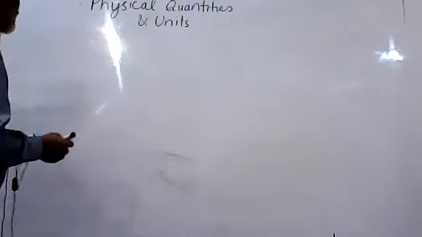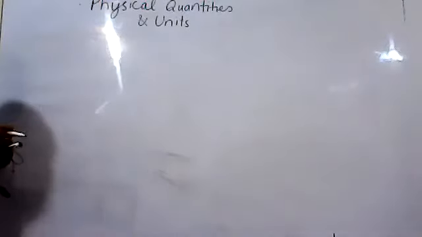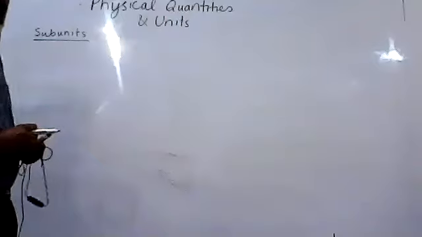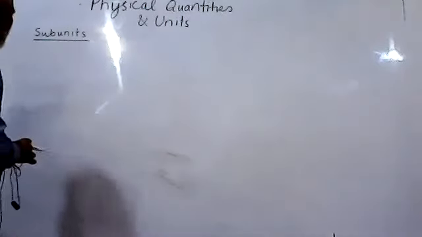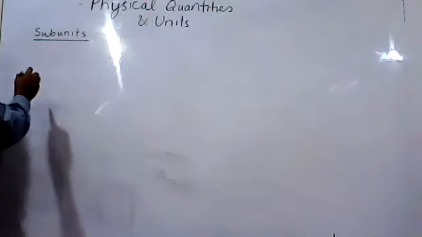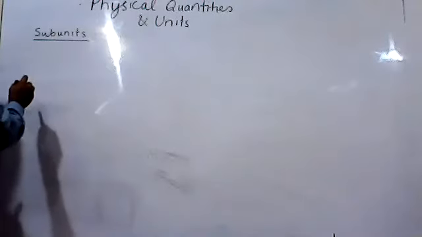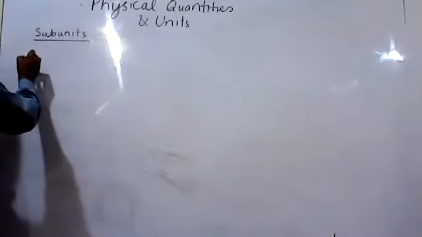Sometimes we have to express very small measurements in terms of those units which are used for expressing extremely small quantities. For example, in order to express 1/100th of a meter, we use the prefix centi.